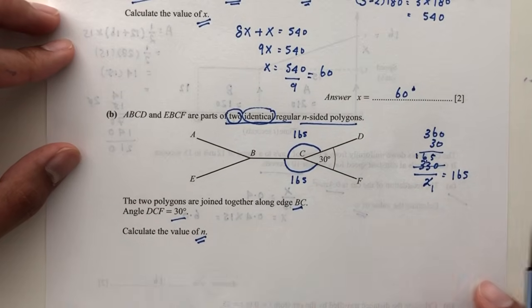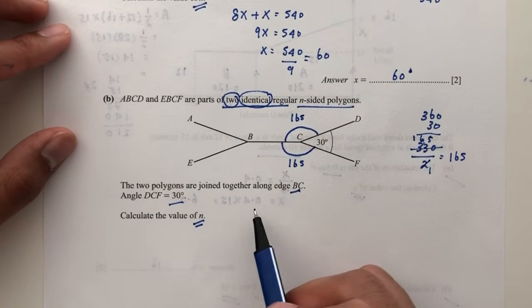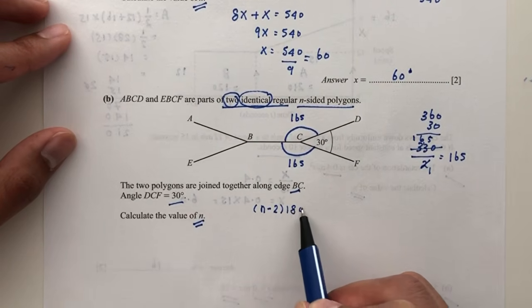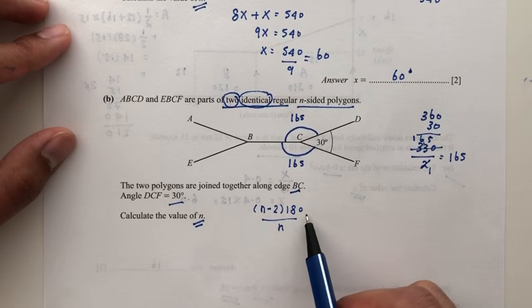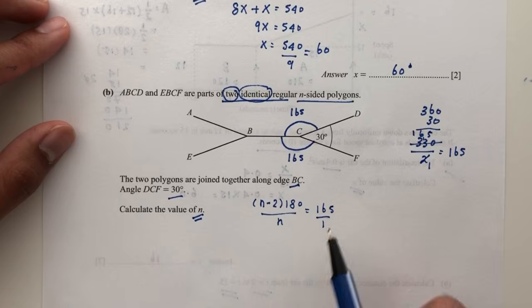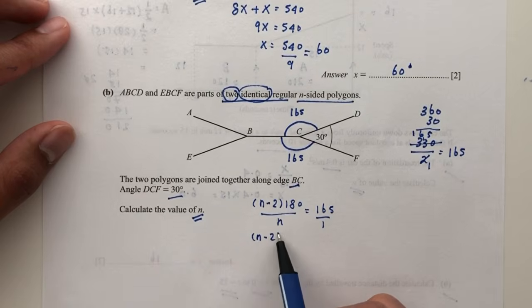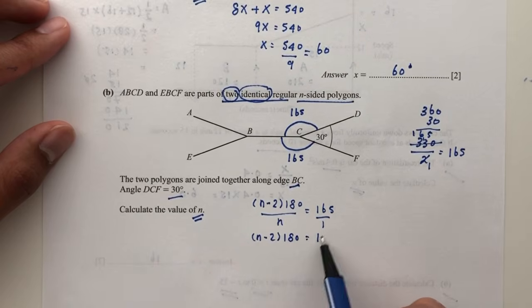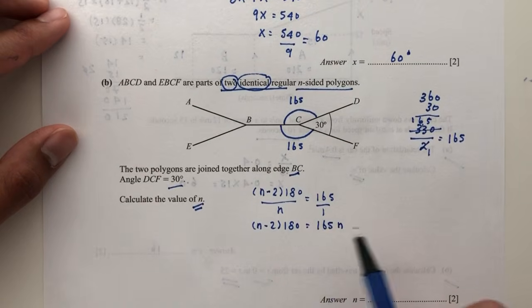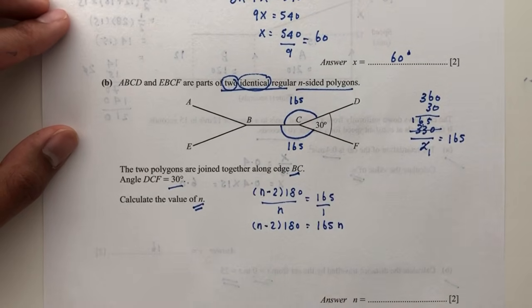Now you have to find the number of sides. The formula says that (number of sides minus 2) times 180 divided by n, number of sides, equal to 165. To find the value of n, we cross multiply: (n minus 2) times 180 equals 165n. So you can divide by 5 on both sides.